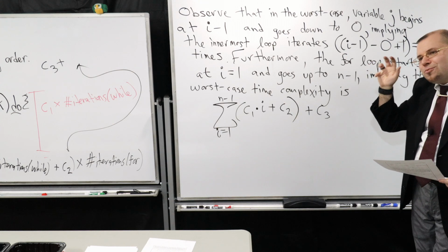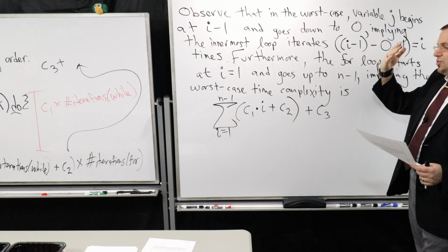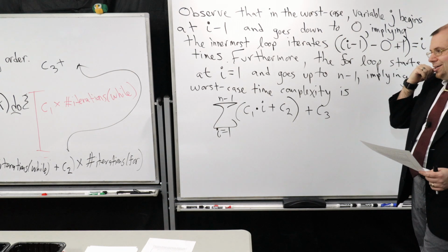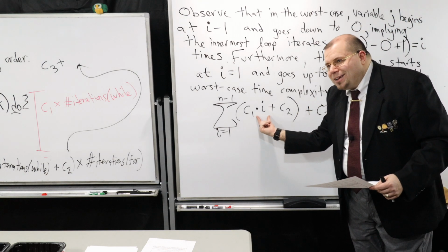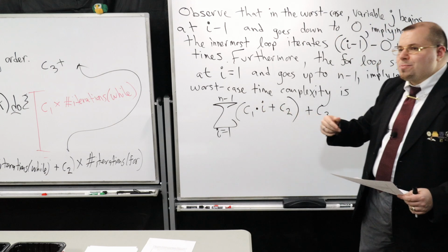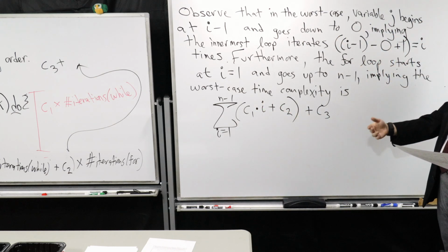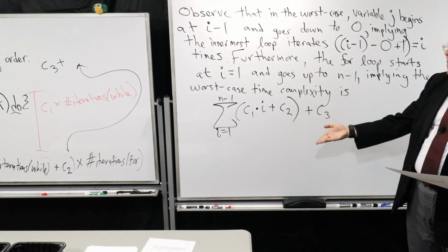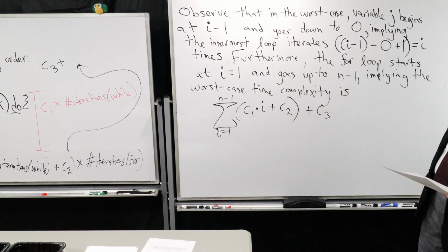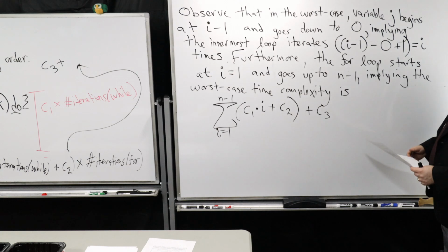But now I need some way of saying, when I is 1 in the algorithm over there, how many iterations happen in the while loop? I many. But there's C1 many of those operations times this. And that's our C2, the same one I had over there. And then the C3, that's from our return statement at the end.